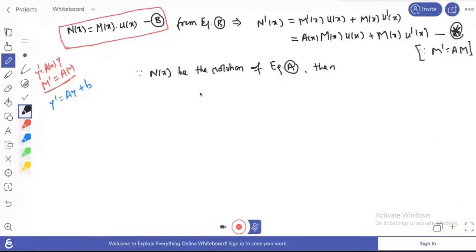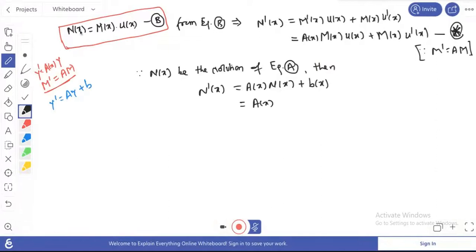So we can write N prime equals Ax Nx plus Bx, because this Nx is the general solution of this system A. Here Ax, and what is N?